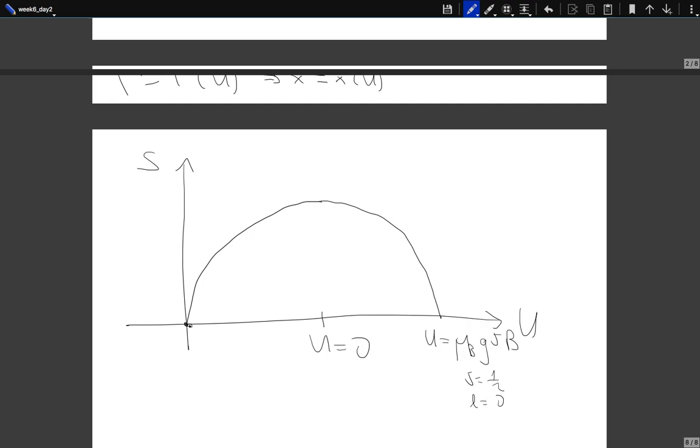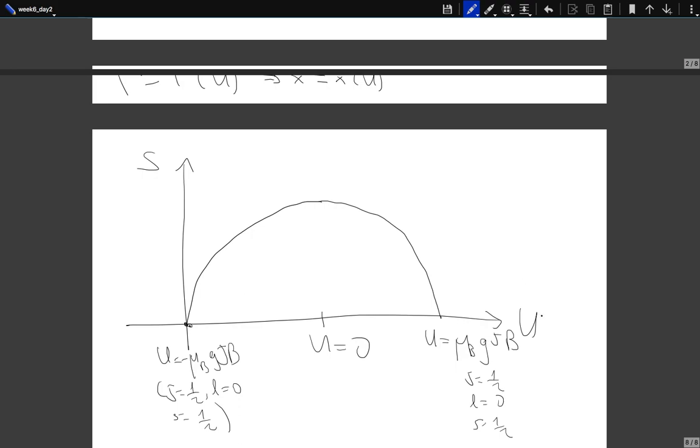And this corresponds to U equal to minus mu B times g times J B, evaluated at J equal to 1/2, L equal to 0, S equal to 1/2. So this is how the entropy changes as a function of U.